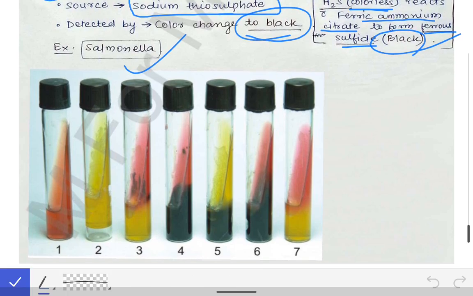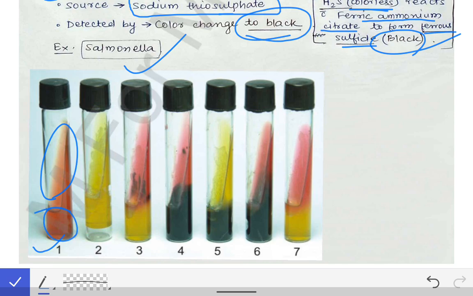Next we will see certain test tubes of this TSI agar, and will try to evaluate the reactions, and whether the gas has been produced or whether the H2S gas has been produced or not. So we will see all of those three things here. See here in test tube number 1, we are seeing that both the slant and the butt are red in color.